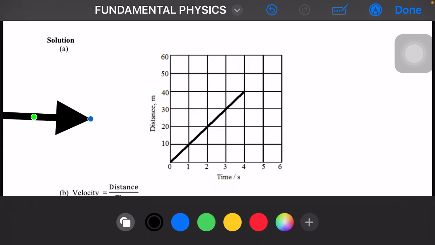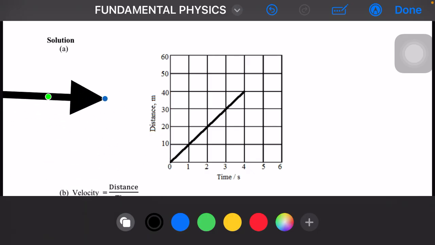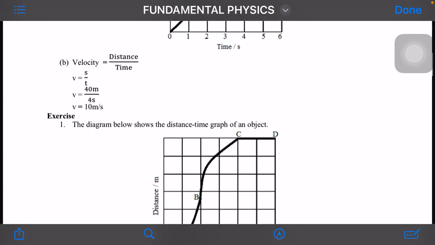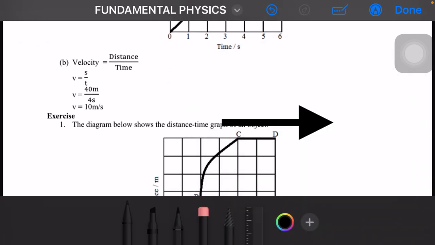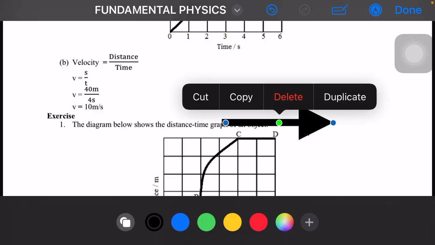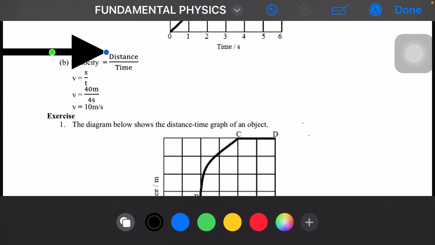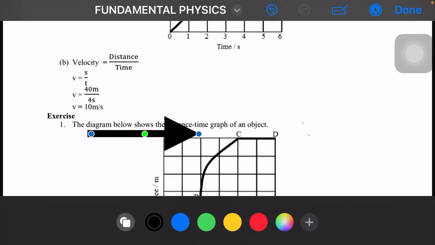Then to find the velocity, simply use the same formula: velocity is equal to distance over time. After substituting in the formula, velocity is equal to s over t, and we know that the total distance traveled by the object was 40 meters.